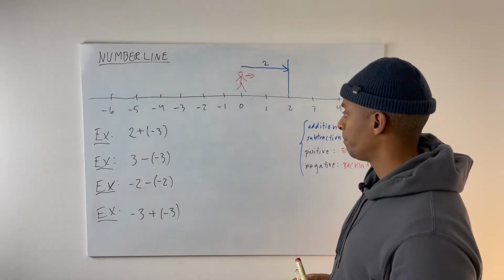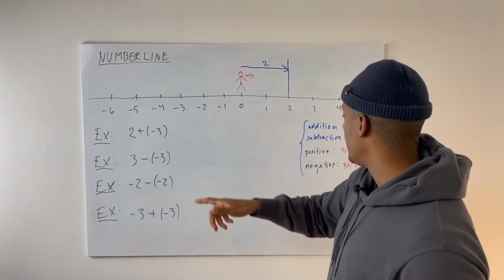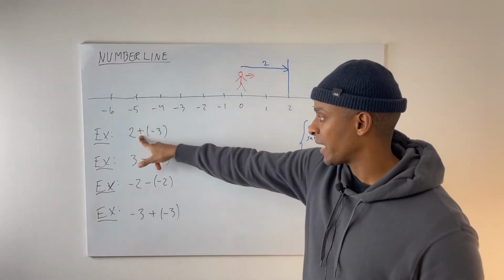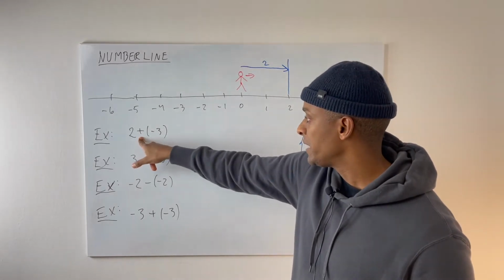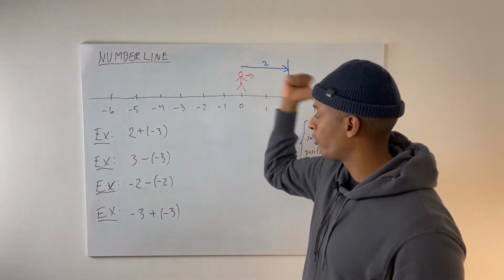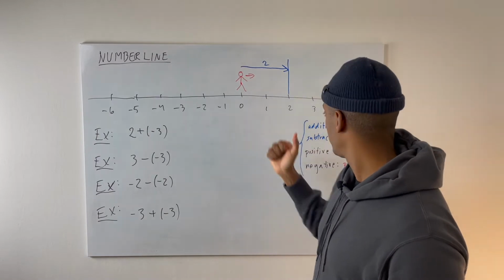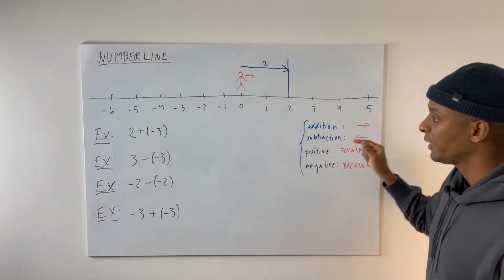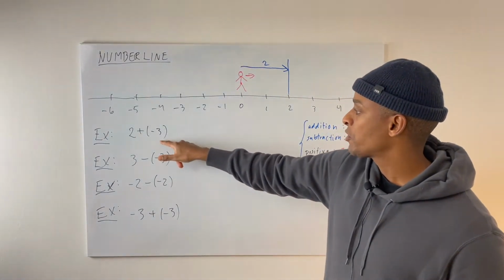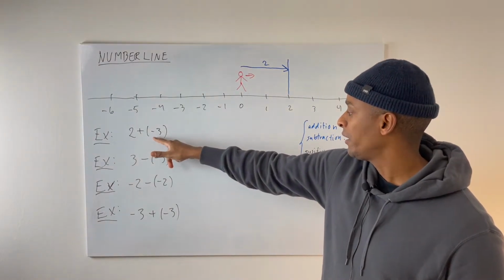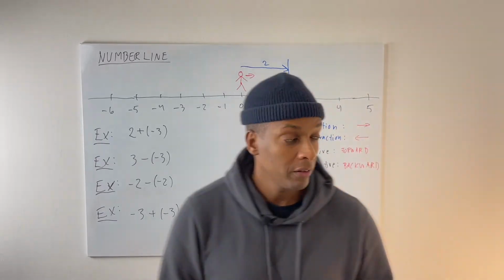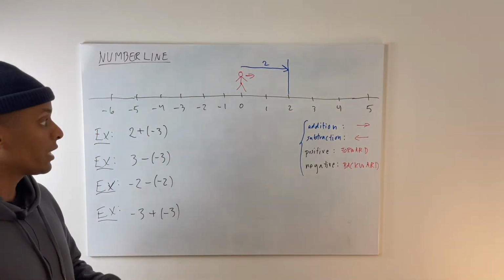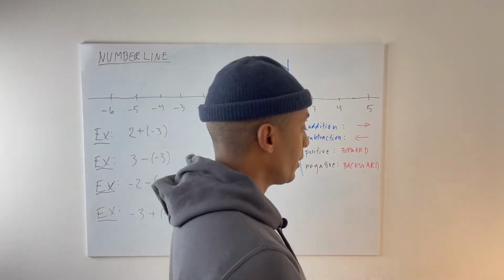Now we're here. Now we have a plus sign, but this is an addition sign. Here it means keep facing forward. But because there's a negative number here, we're going to take steps backward. So basically, first what we did is we took 1 step and 2 steps forward.